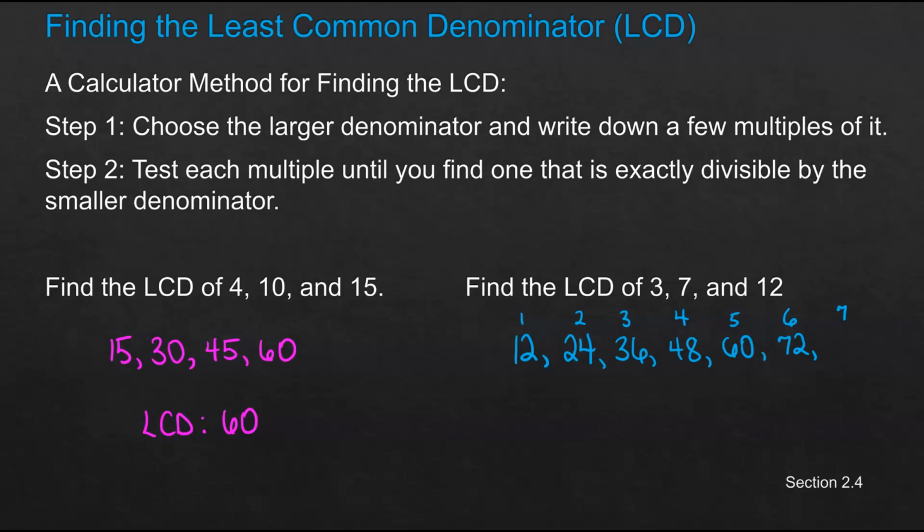Well, that would make sense. 7 times 12 is 84. And so our LCD will be 84. Now, that took a few tries to get there, but I just wanted you to see that even if it does, it's pretty easy, because you're just multiplying your largest number times 2, 3, 4, 5, and so on.